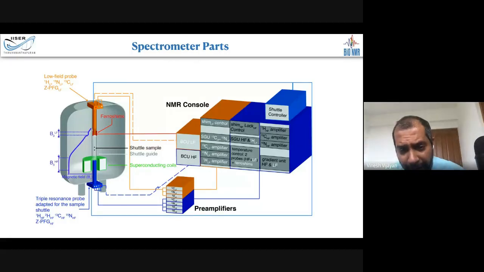So for every frequency, every nucleus, let's say here, for example, you can see 13C, nitrogen and proton amplifiers, right? So you have a signal generation unit, which makes the pulse signal, and that generates the frequency.